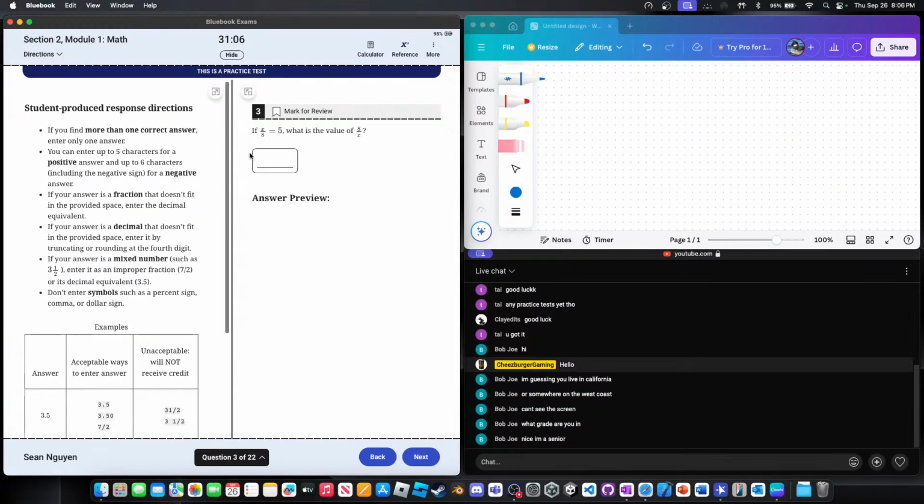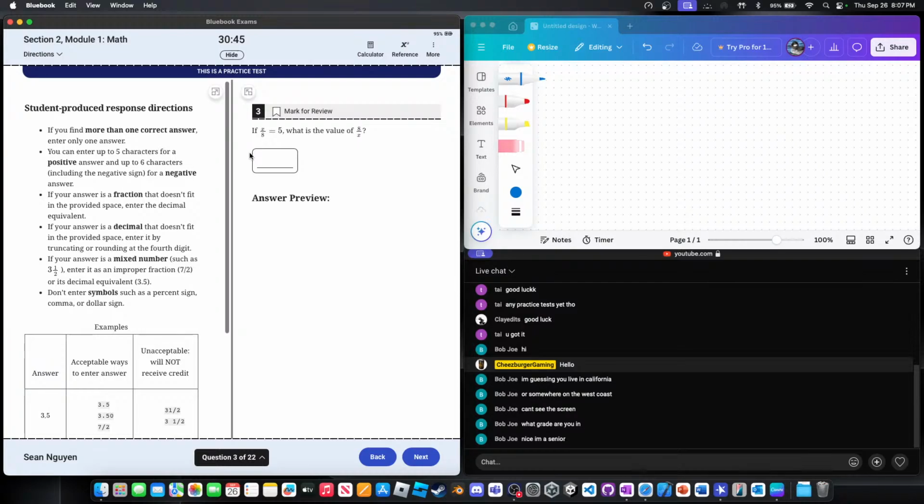Okay, if x over 8 is equal to 5, what is the value of 8 over x? Let's actually solve for x first here. To multiply x on both sides, we're going to be given 40.